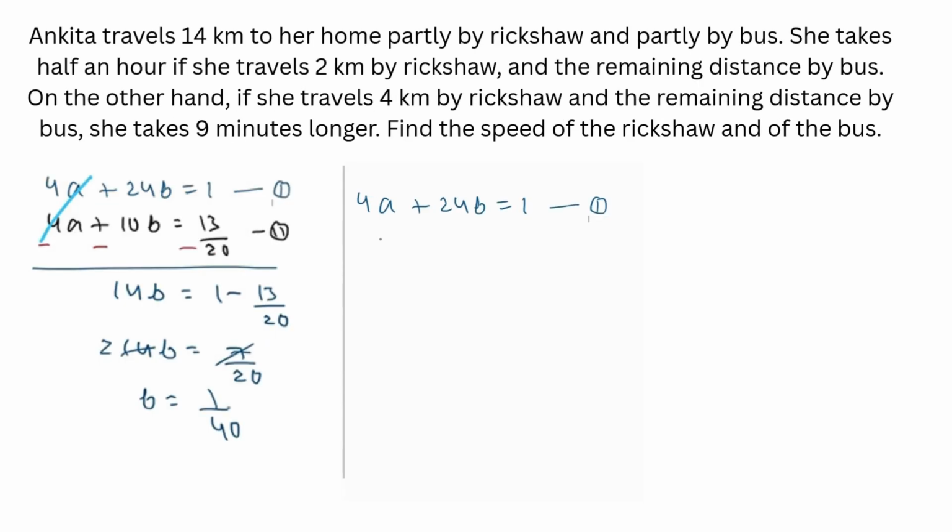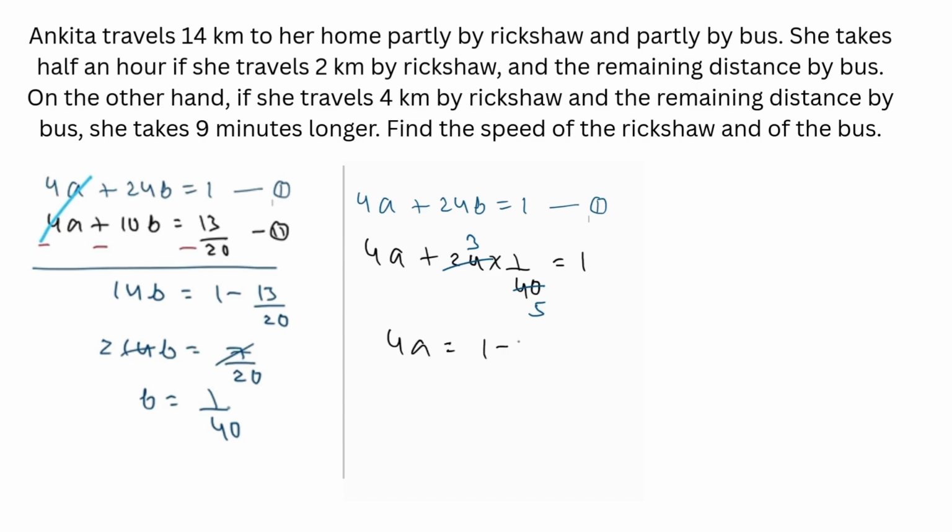Next, we are going to replace the value of b as 1 by 40. So we can say that we have 4a plus 24 times b, which is 1 over 40, equals 1. Now this can be reduced. This is 8, 3 times and 8, 5 times. Further, you can transpose 3 over 5 to the other side.